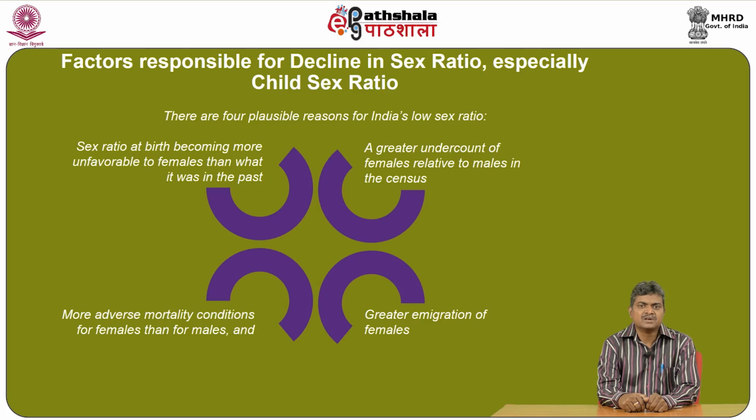Second, greater emigration of females. Third, more adverse mortality conditions for females than for males. And fourth, the sex ratio at birth becoming more unfavorable to females than it was in the past. This shows there is discrimination in the community.